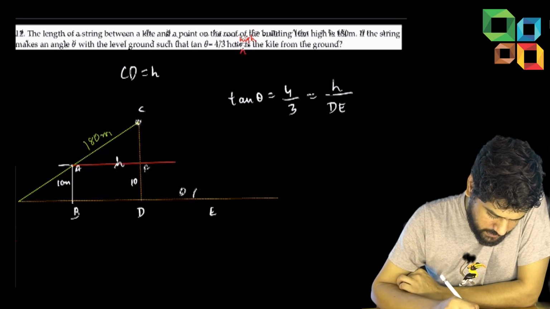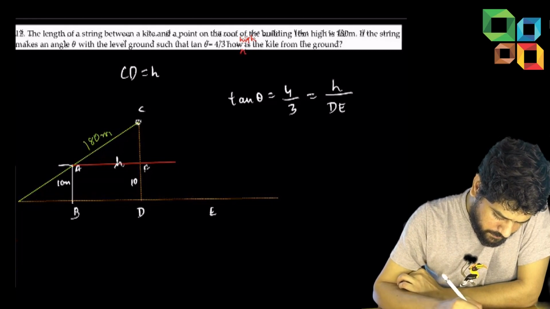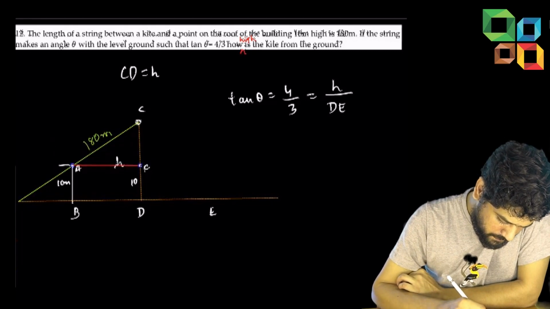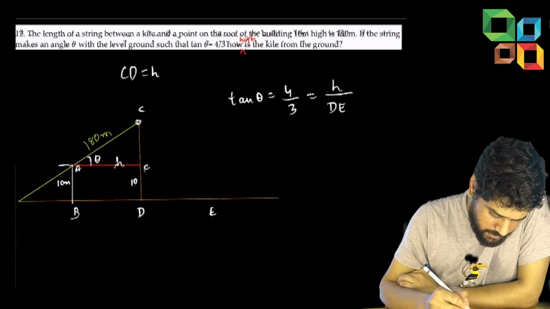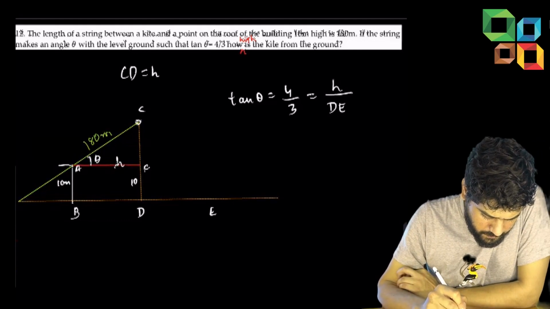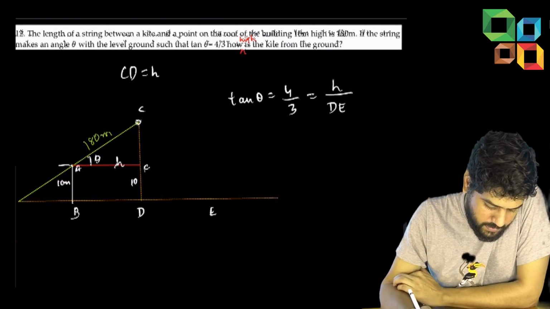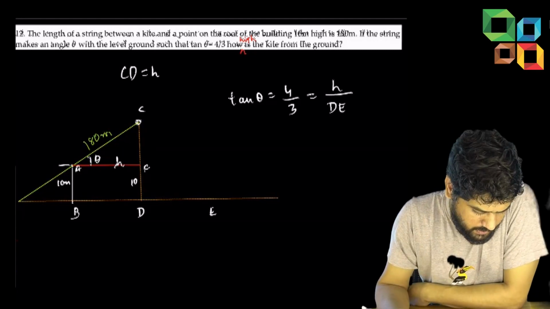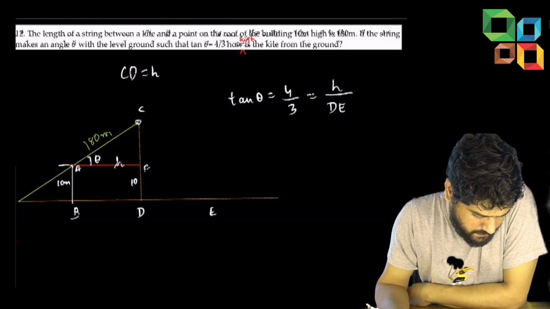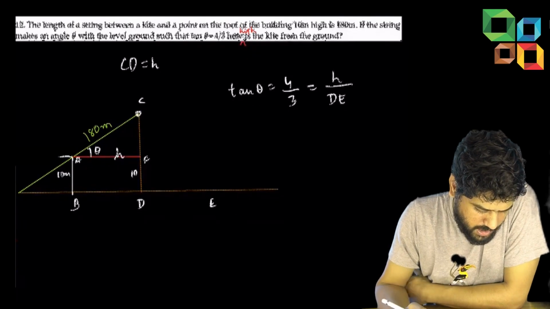So if we take this angle as theta, tan theta is 4 by 3.